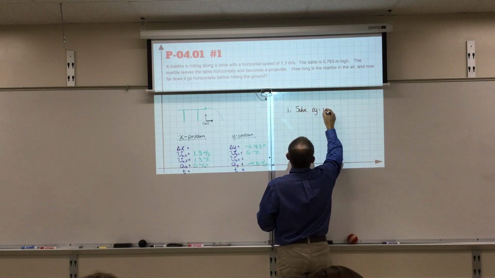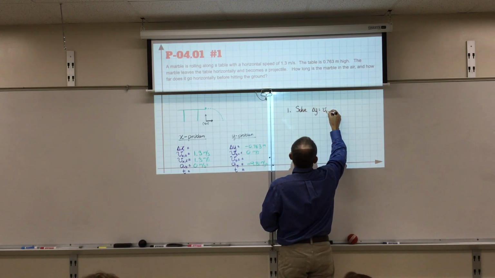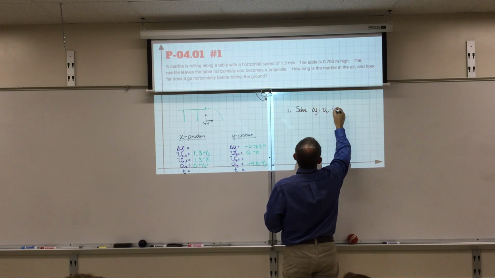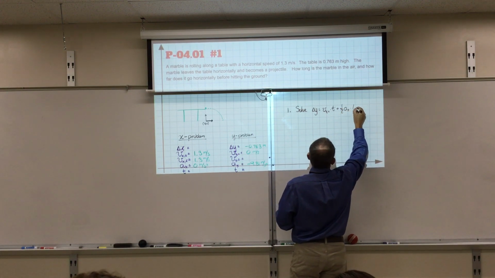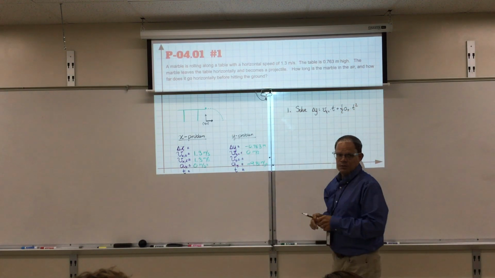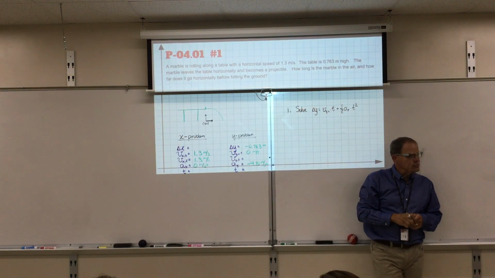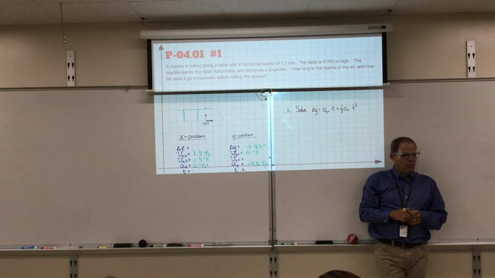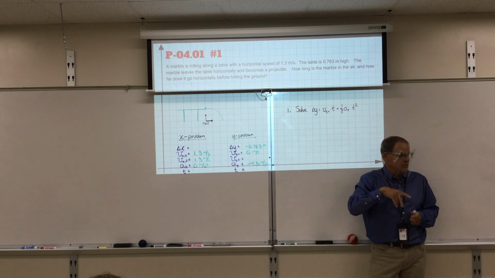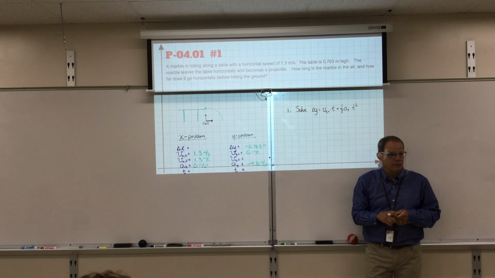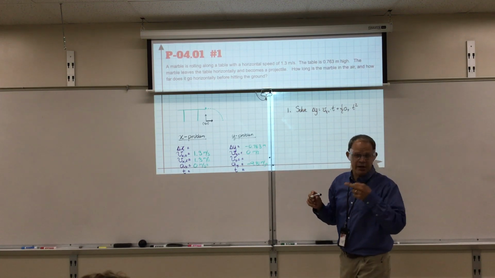Delta y equals the initial velocity in the y direction times the time plus 1/2 the acceleration in the y direction times the time squared. You see that equation in your toolbox in Unit 1? Almost, right? I just put subscripts to keep track of which velocities and which accelerations I'm using. But that's the equation from Unit 1. It's the second equation we wrote down.